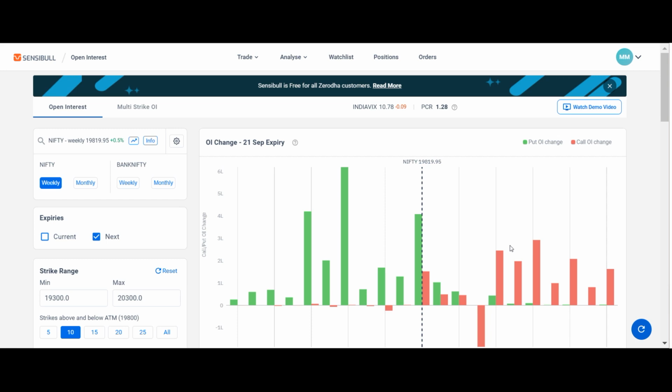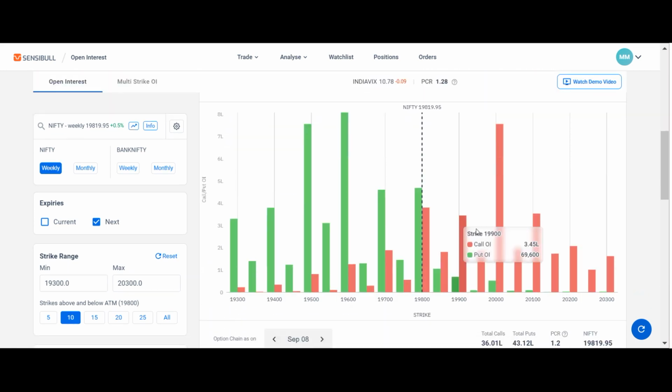So what is happening? The important thing which we always have to understand is what is happening in the options data. Now there are two factors to it. The first factor is end of the day data. Whenever the day ends at 3:30, whatever positions these guys have built, we need to analyze.